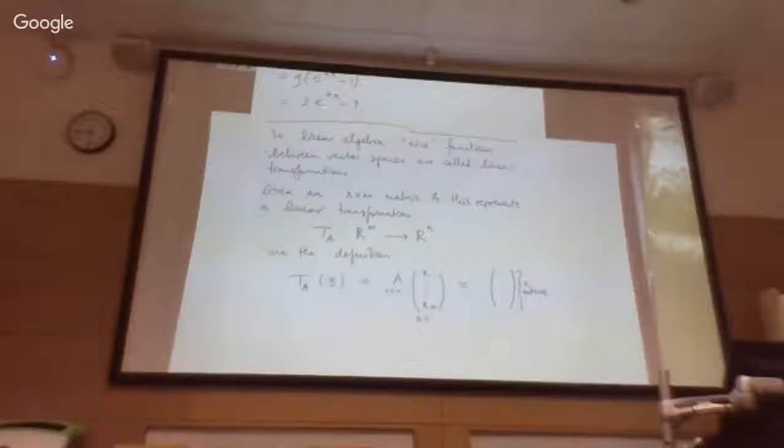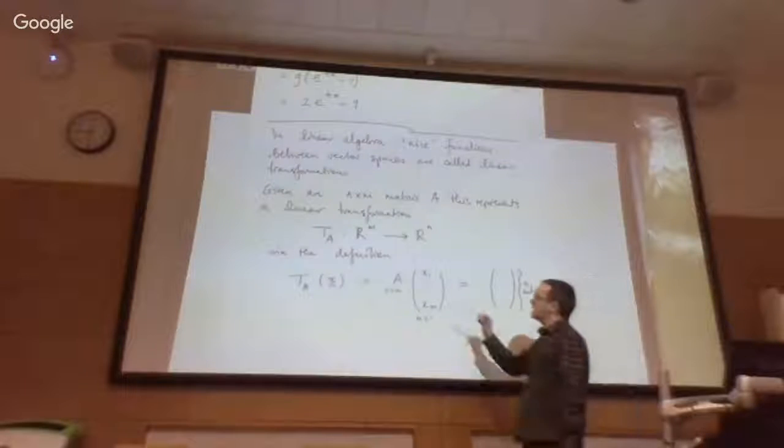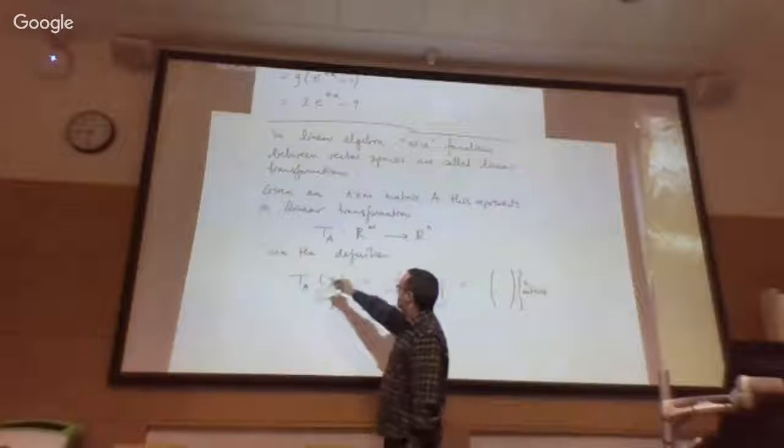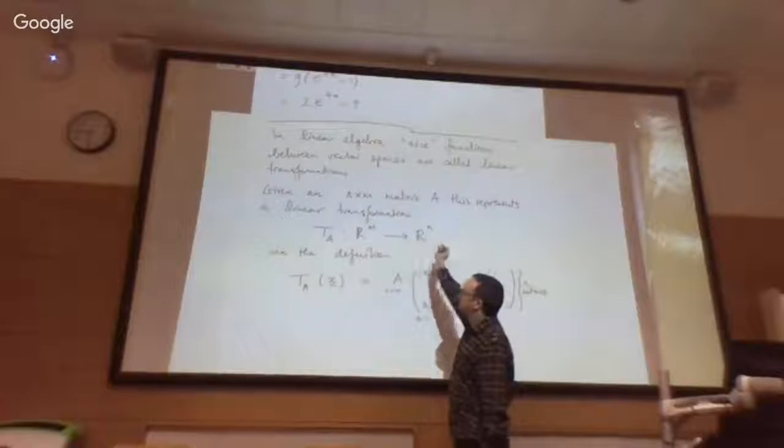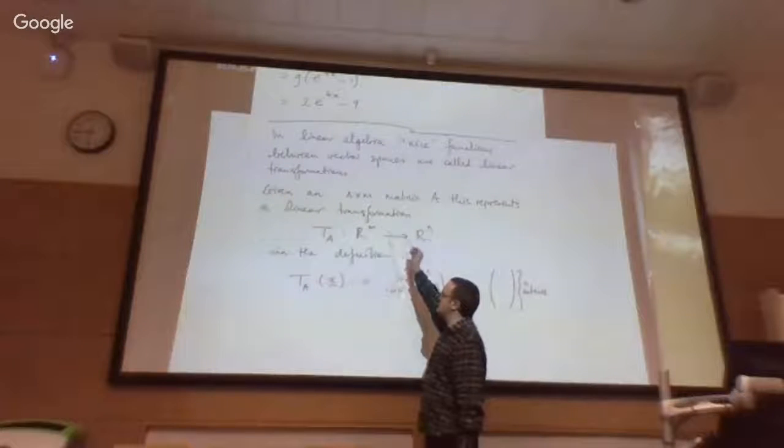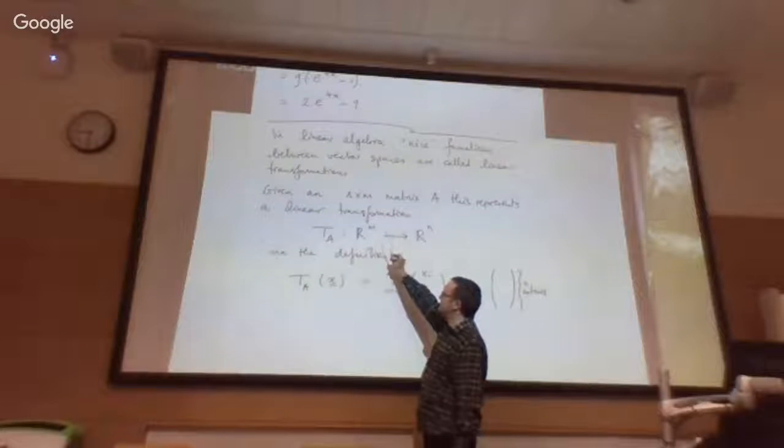So you've been looking at matrices already. You've been studying this operation of matrix multiplication. But one way of interpreting what matrix multiplication means is that it's actually a way of representing functions between vector spaces. Nice functions between vector spaces, so-called linear transformations, ones that respect the vector space structure.